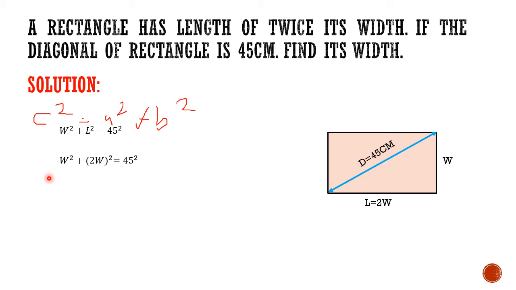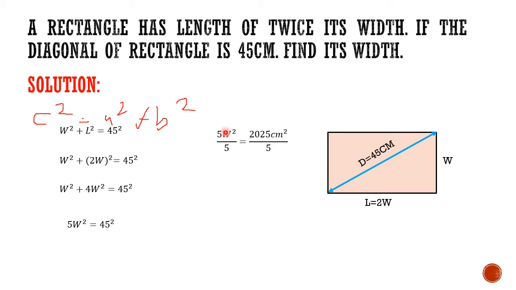So we have W squared plus open parenthesis 2W close parenthesis squared is equal to 45 squared. And we'll have W squared plus 4W squared is equal to 45 squared. So just to combine like terms here, and we'll have 5W squared is equal to 45 squared.